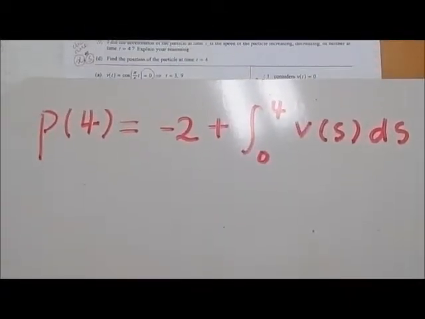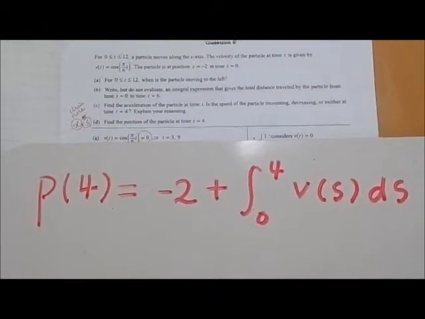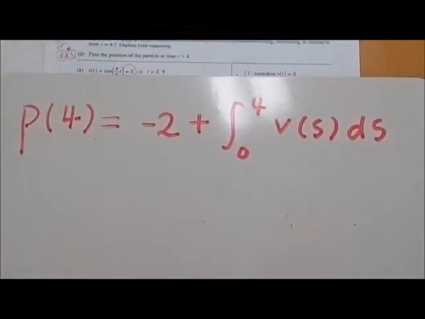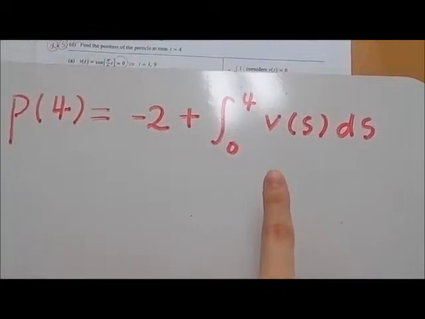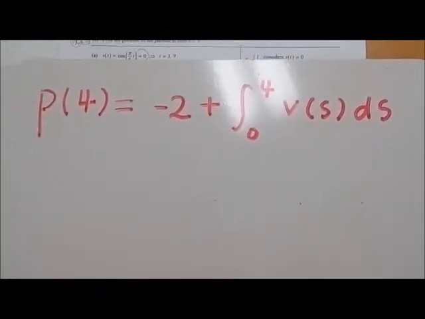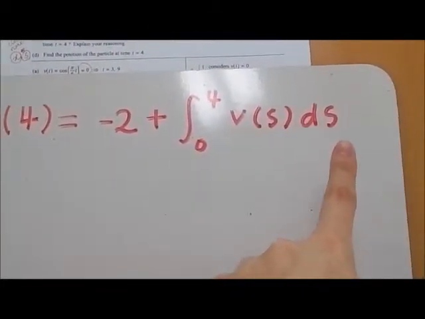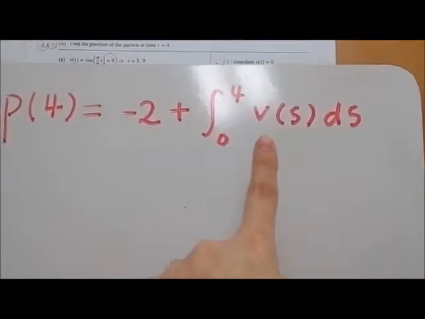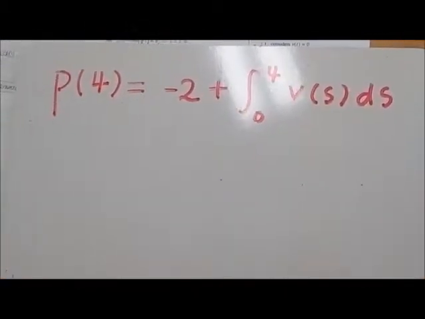In this case, because the velocity goes both ways, both positive and negative, this part is referred to as displacement. And since s is a dummy variable, we don't have to regard s in our calculation.